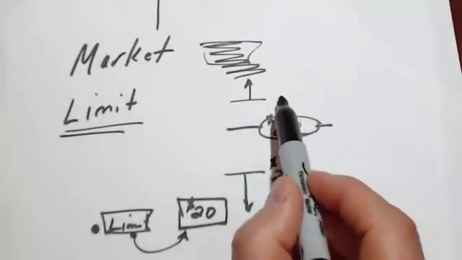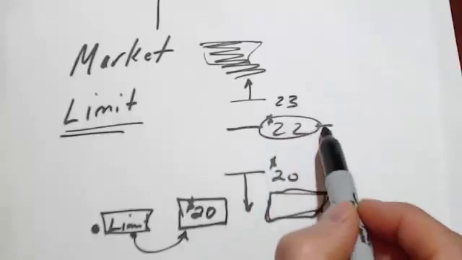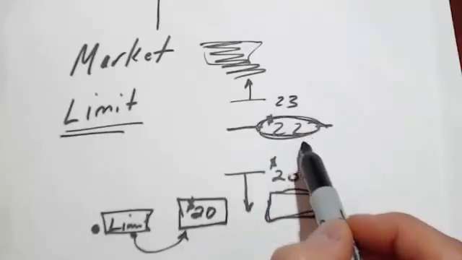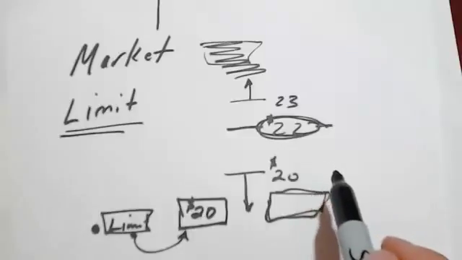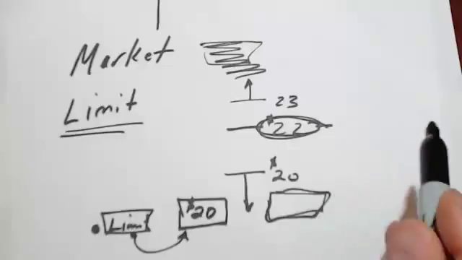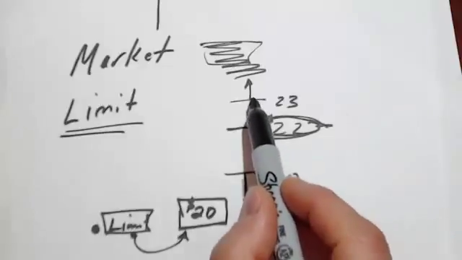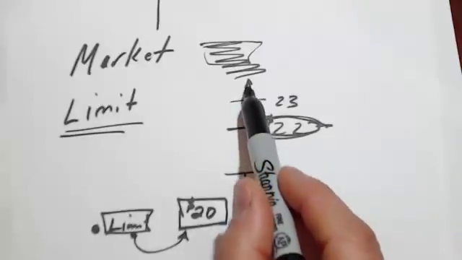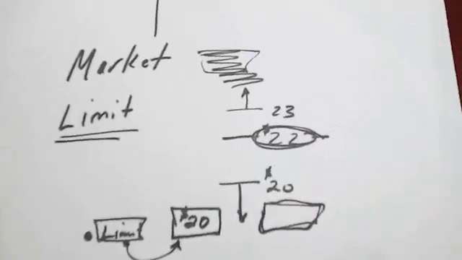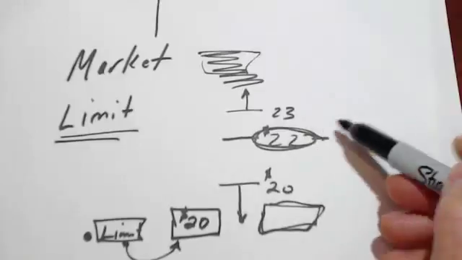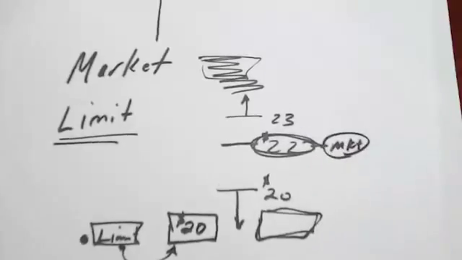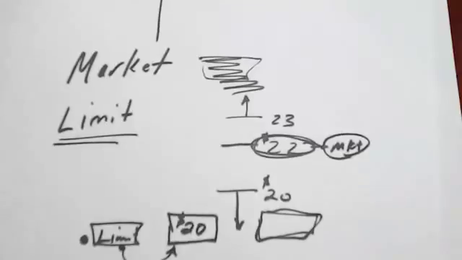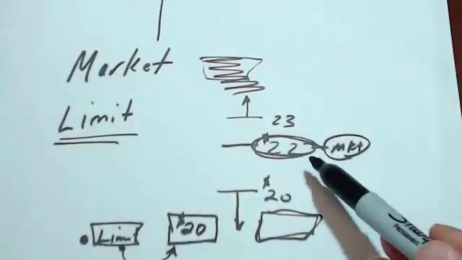So you could put a limit sell at 23, for example, and here you're saying, I think the stock's going to go up, and I'm not going to sell it for anything less than $23 a share, in which case you're going to have to wait for the stock to go up to 23, and then your broker is going to execute that transaction. So with the sell order, the limit price is set above the current market price that you observe. So those are standard limit order examples.